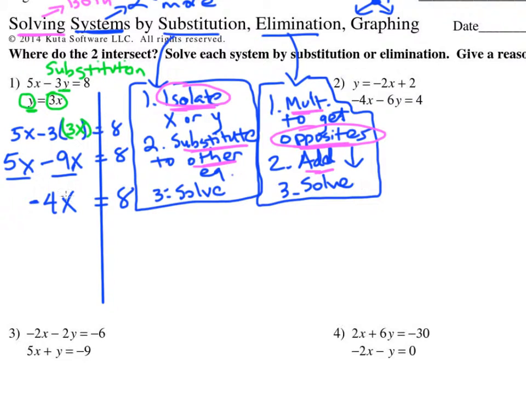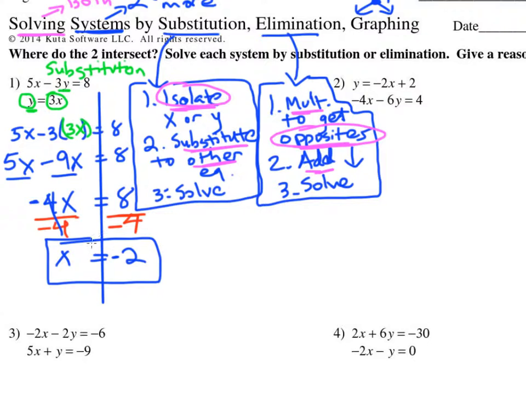Okay, so we want to solve, get x by itself. Let's divide by negative 4. So this becomes 4 over 4 makes a 1, negative over negative makes a positive, so we get x equals 8 divided by 4. 4 goes into 8 2 times, but there's a negative down here, just one of them, so x is negative 2.